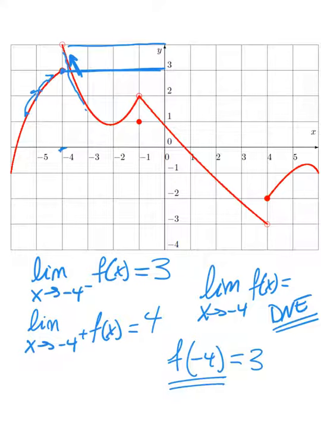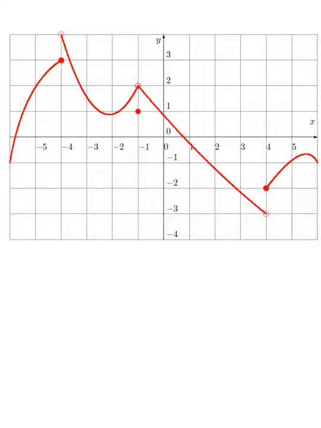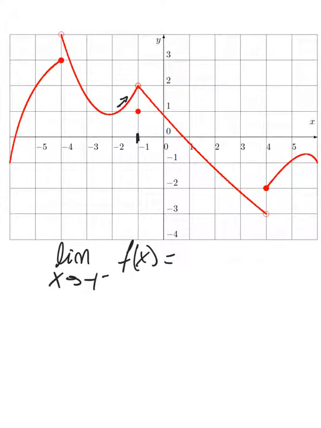All right, let's try another one. All right, so let's do negative 1. What is the limit as x approaches negative 1 from the left? Okay, here's negative 1. The left is over here. And as I get closer to negative 1 from the left, my y is getting closer to 2.